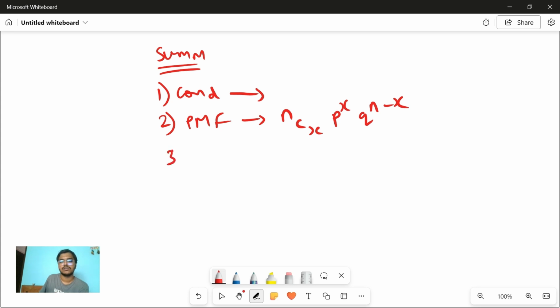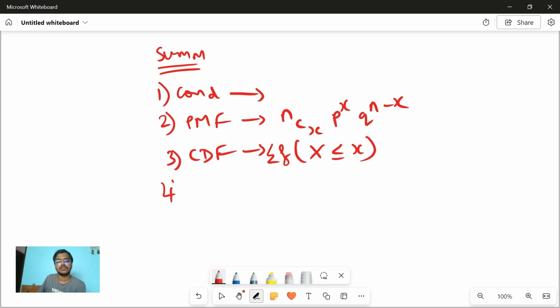And the CDF I told you how to calculate. It is nothing but F of x, the probability of X less than or equal to x, and sigma will come. So next is the mean. Mu is nothing but n into p, and the variance is nothing but n into p into q.